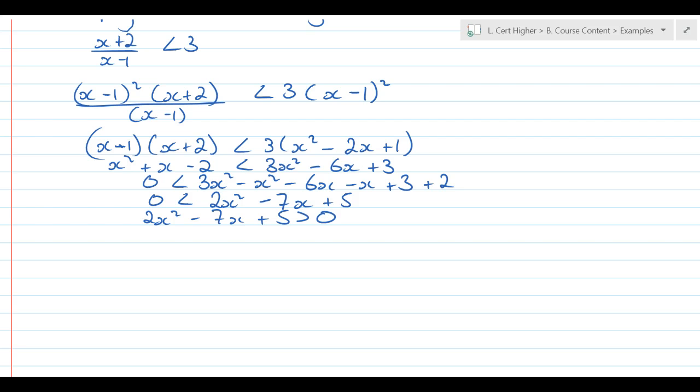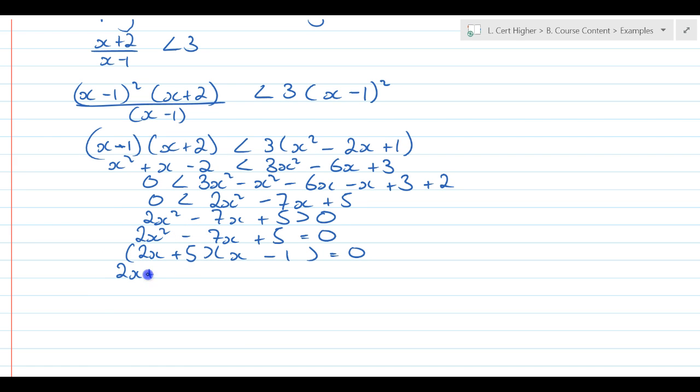From here on in, can I follow the steps we had previously? Yes. The first thing to do is replace the inequality sign with an equals, so I get 2x squared minus 7x plus 5 equals 0. I now factorize. So I get 2x and x, with factors of 5 combined with 2x and x to give me minus 7. Well, that's minus 1 plus 5.